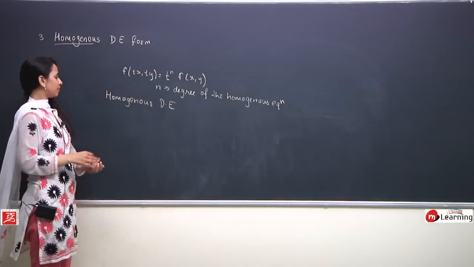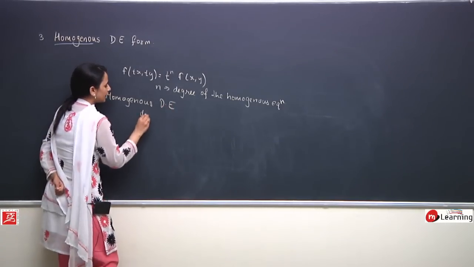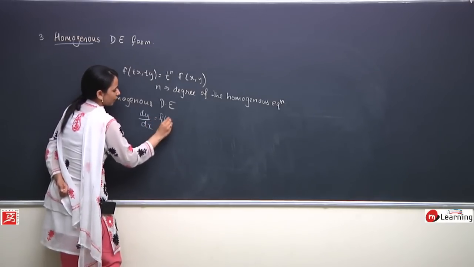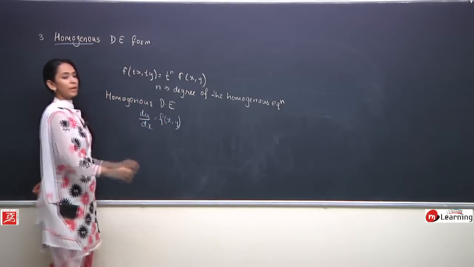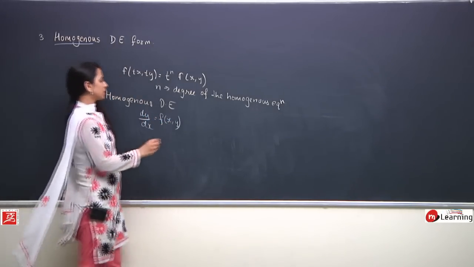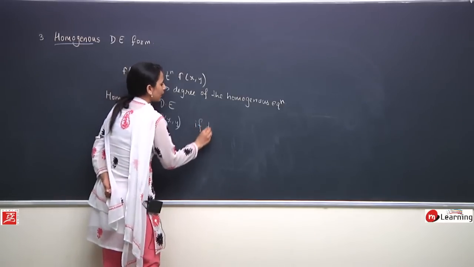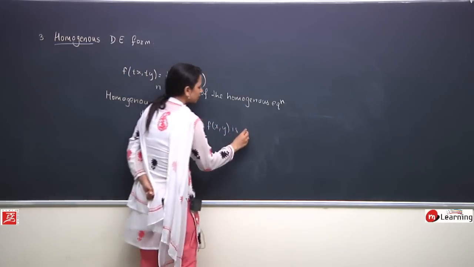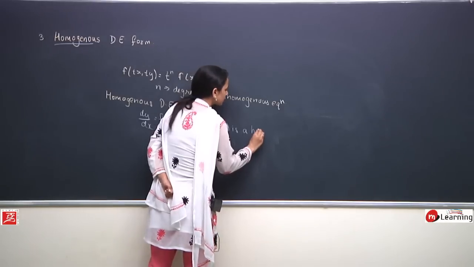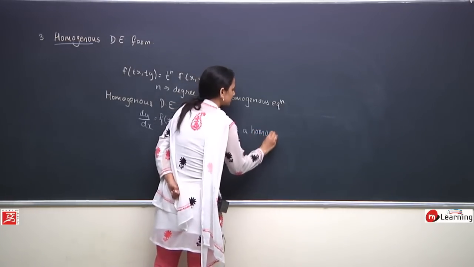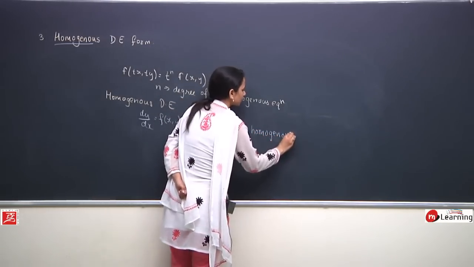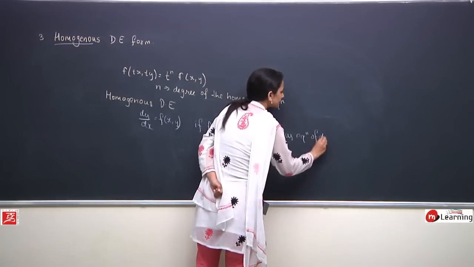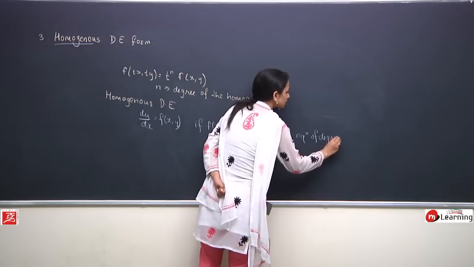So a differential equation of the form dy by dx is equals to f of xy is said to be a homogeneous differential equation if f of xy is a homogeneous equation of degree 0.